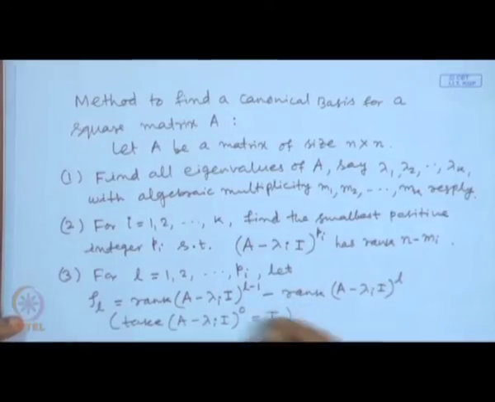So, this ρ_l we have defined plays an important role.